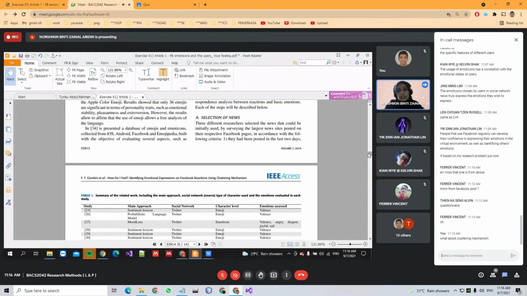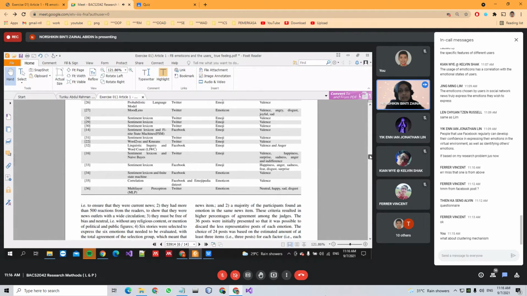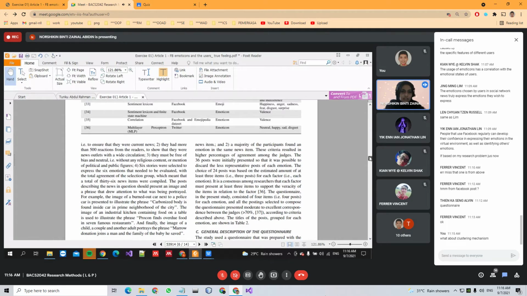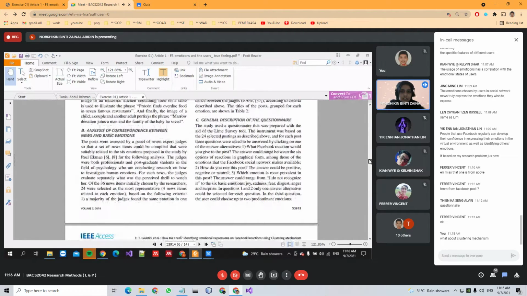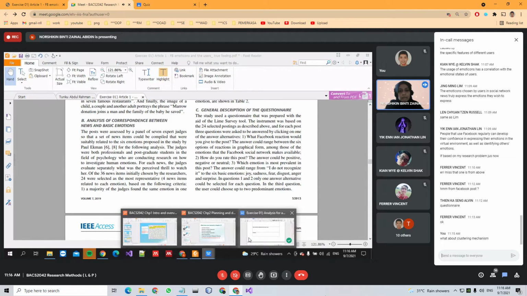So the sample of data can be what they get from the selection of news. Sample is anything that you get. Here the sample of data is in statements. And for another example, questionnaire, the sample of data is the result of their questionnaire. So that's sample of data.